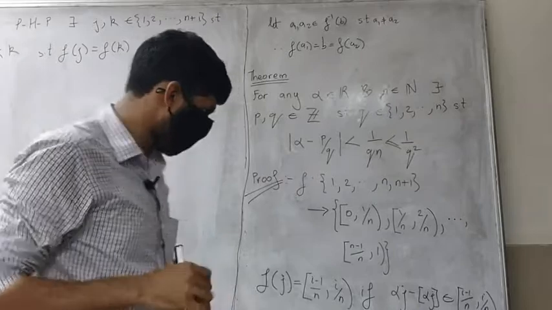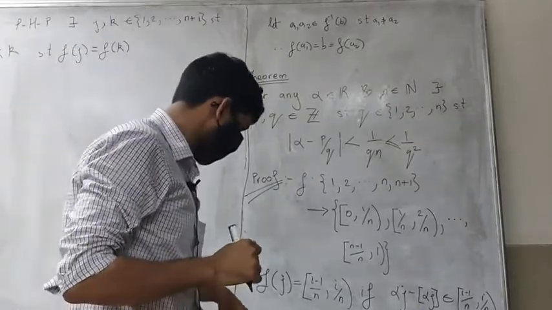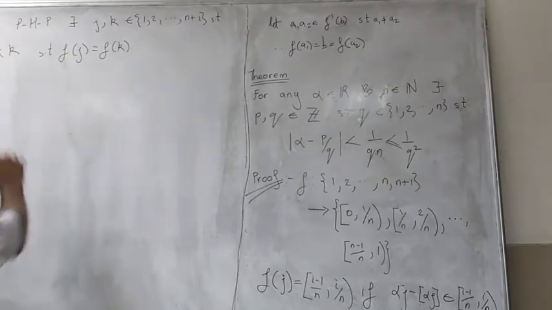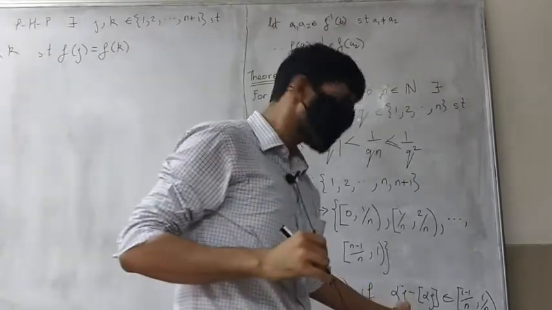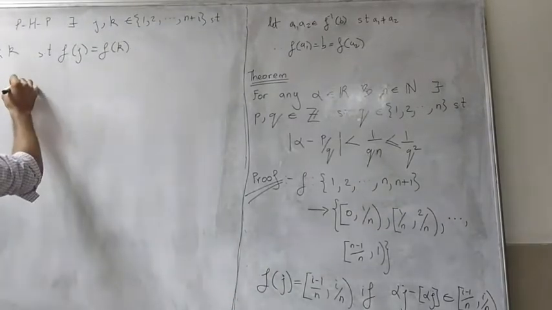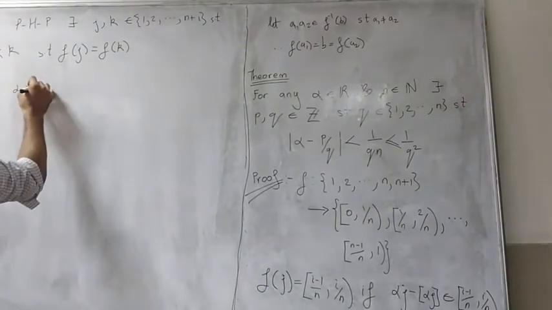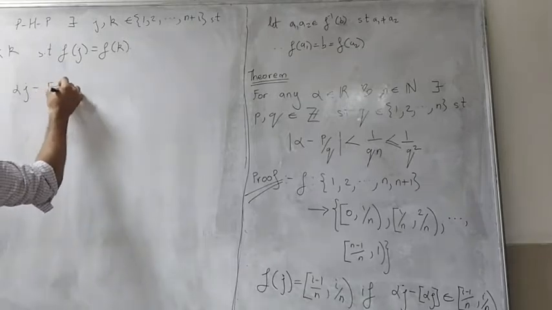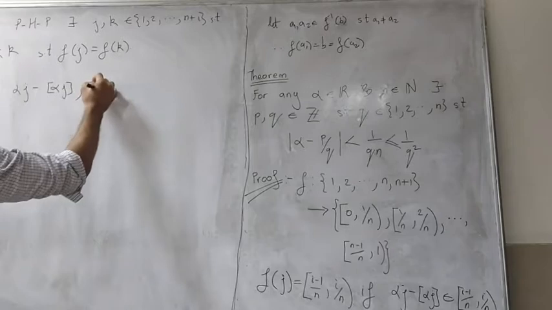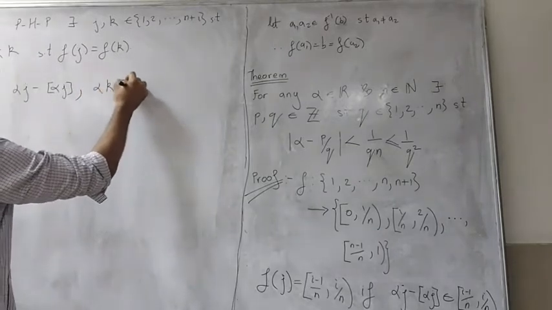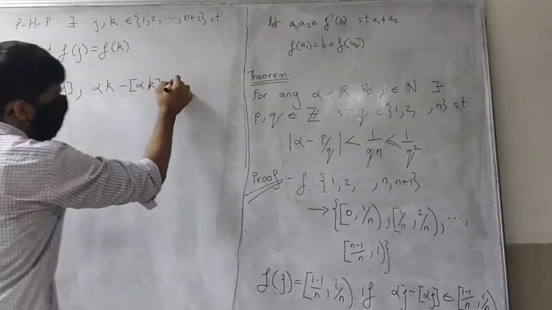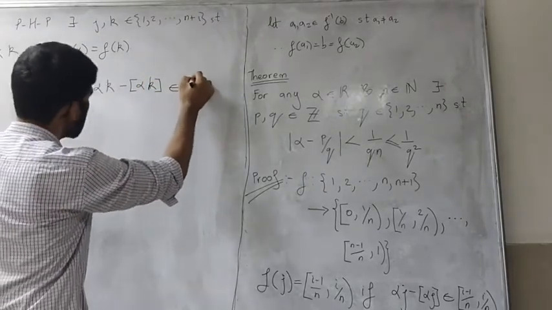Okay, so definitely this would mean that the distance between these 2 points, because see, what does this mean? It will mean that their decimal parts, that is alpha j minus the greatest integer of alpha j, this is the greatest integer function, I hope that's clear, and alpha k minus the greatest integer of alpha k, both lie in the same interval.